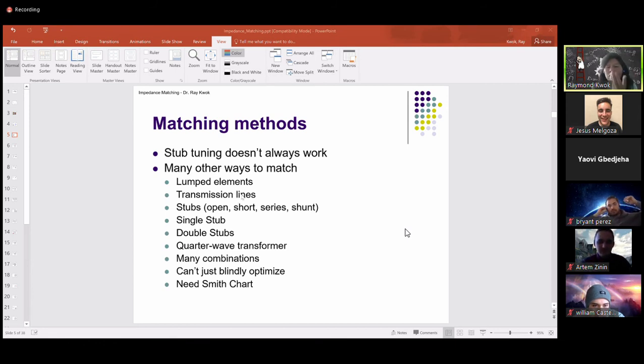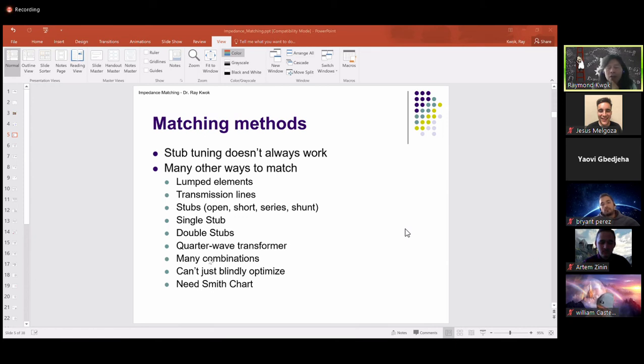Most likely we use transmission lines, either 50 ohms or other impedance transmission lines. Stubs, open stub, short stub. Single stub tuning, we already talked about it. There's something called double stub tuning. We're going to explore that. We use quarter wave a lot. Quarter wave, again, is easy if you know the impedance you want to match. And then a lot of these combinations.